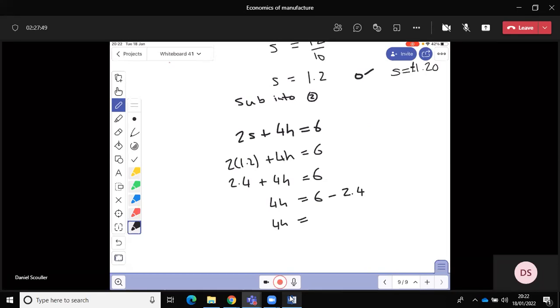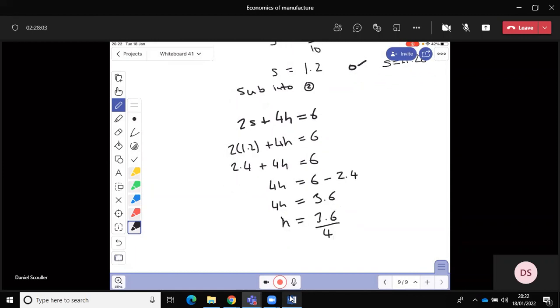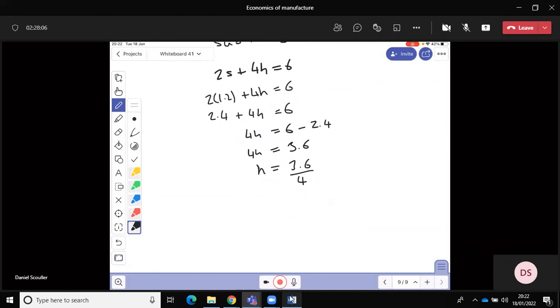£6 minus £2.40 would give us £3.60. £3.60 divided by 4. I don't know how familiar you are with dividing.